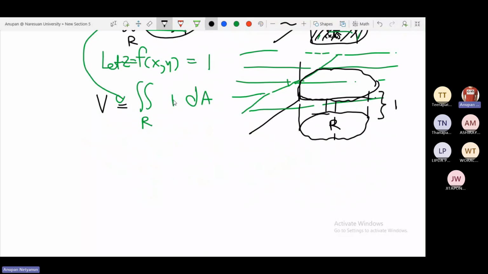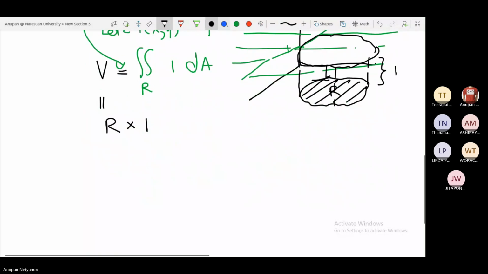The other way to compute this is to use the base area times the height, which is equal to 1, right? Everywhere, okay?